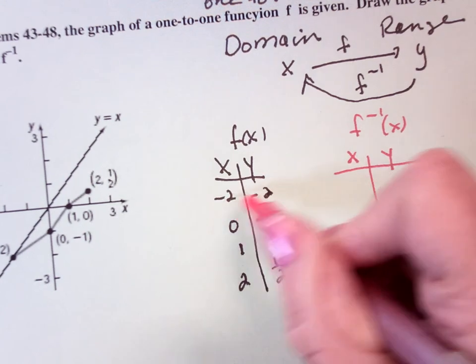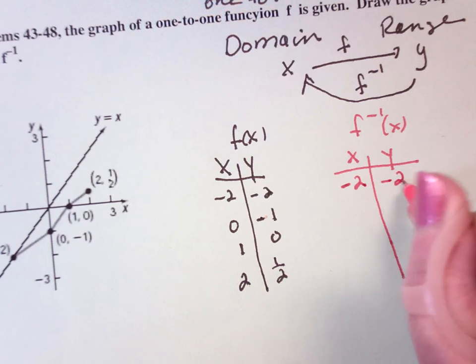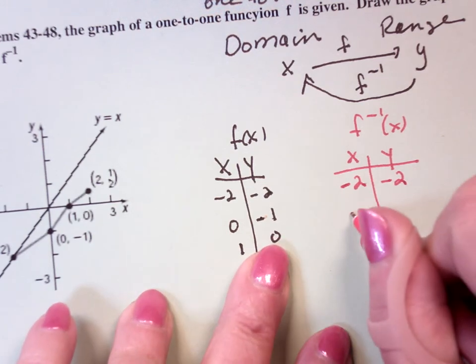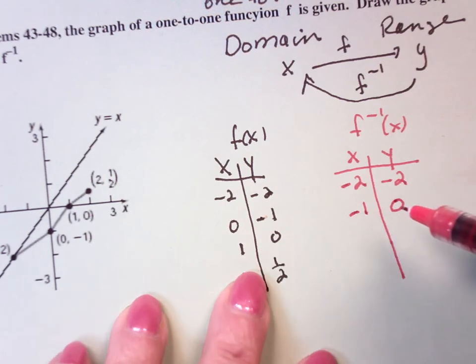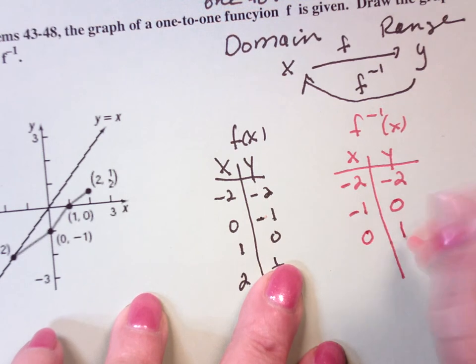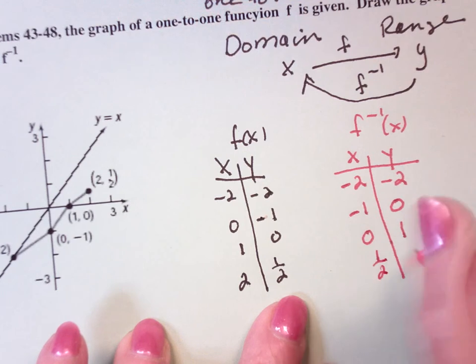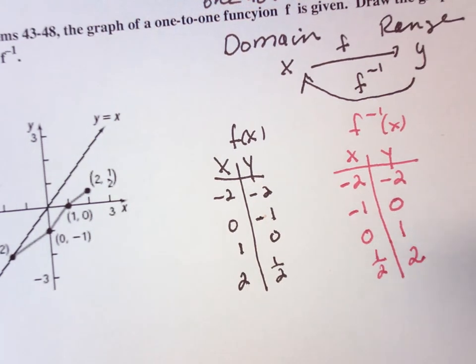So that says if 2 goes to -2, then -2 has to return to 2. If 0 goes to -1, then -1 has to return to 0. If 1 goes to 0, then 0 needs to return to 1. And if 2 goes to 1/2, then 1/2 needs to return to 2. And that's what would give you the coordinate points for the inverse.